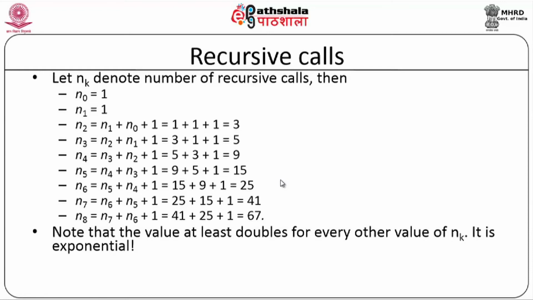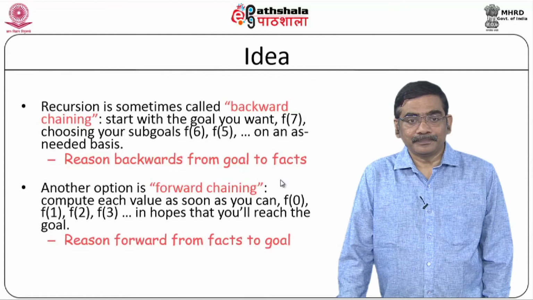So, the implication is that when n becomes very large, the algorithm takes lots of time and may run for many weeks or even months. In other words, practically it is very difficult to implement this algorithm for larger values of n.